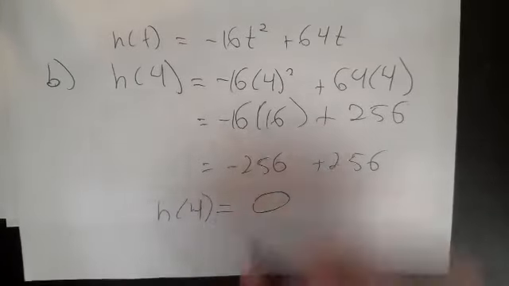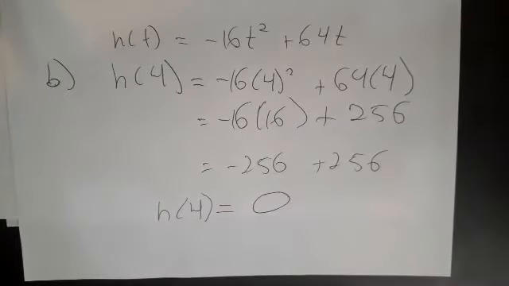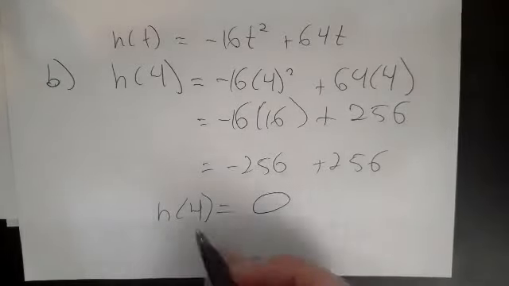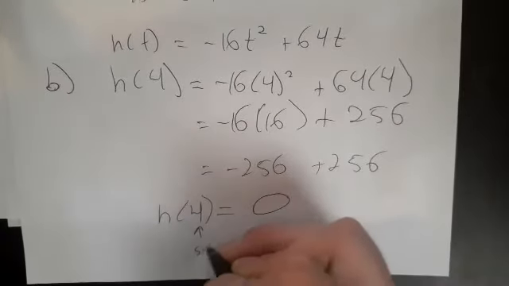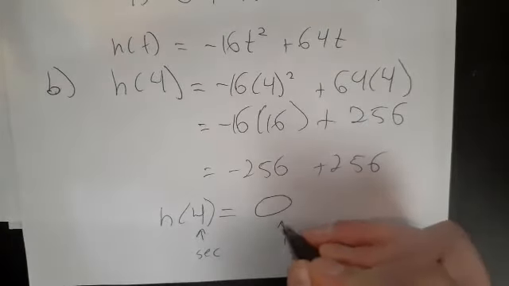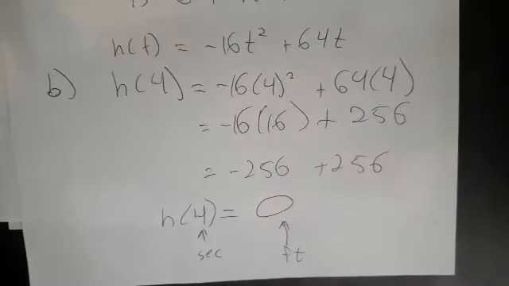h of 4 is going to be 0. So when I plug in 4, I'm getting 0. So what does this 0 mean? This means 4 seconds. This means 0, what, feet? There's a few ways you could say this.